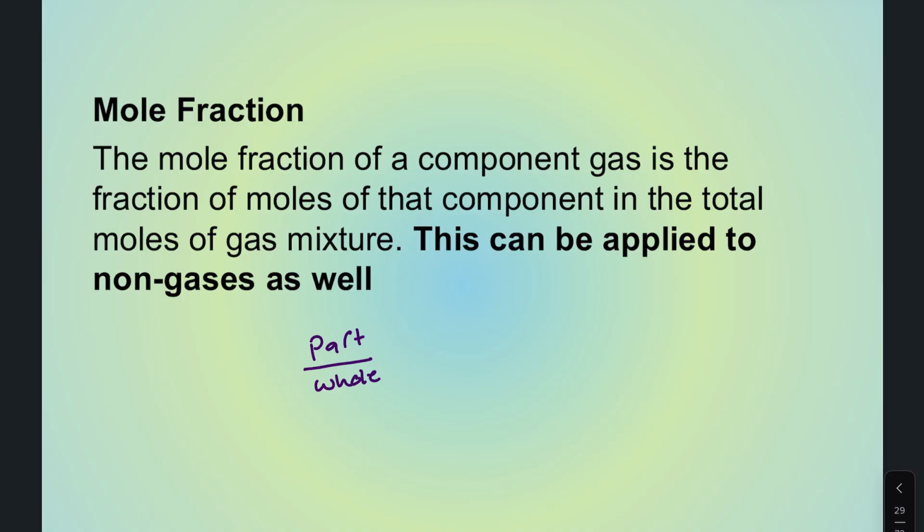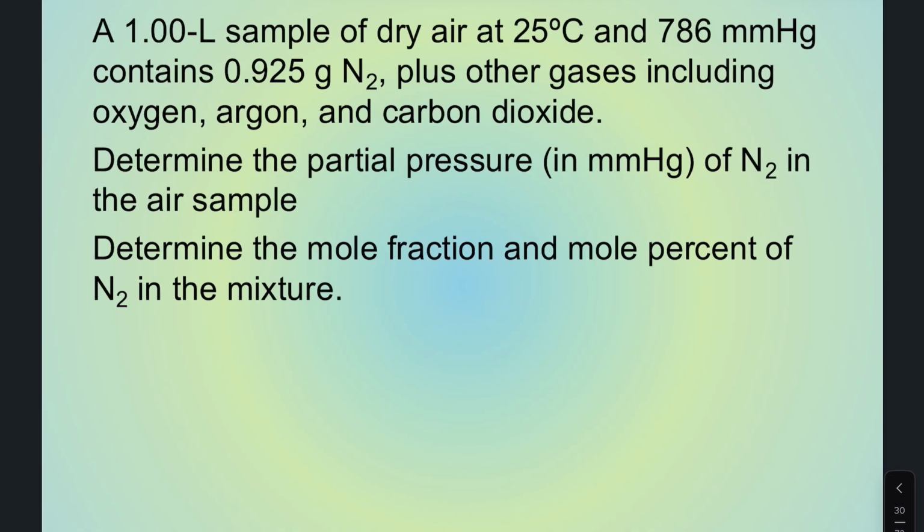And so to demonstrate that, let's take a look at this problem. So if we're talking about this one right here, we have a 1 liter sample of dry air at 25 degrees and 786 millimeters of mercury. It contains 0.925 grams of N2 plus some other gases. And so we want to determine the partial pressure. And so remember, these are going to be the things that you use.